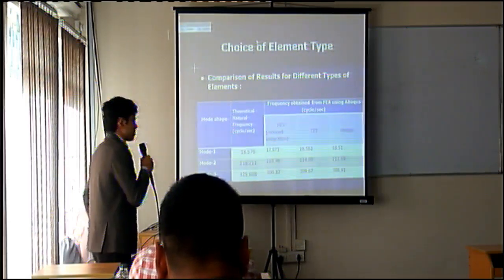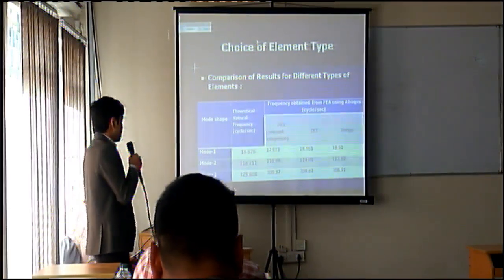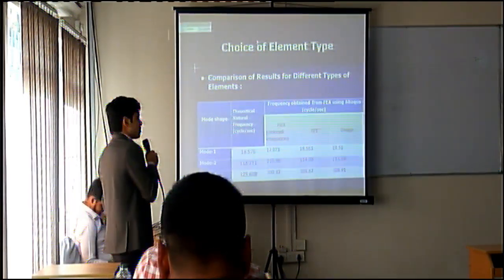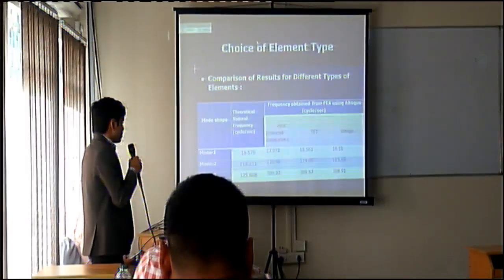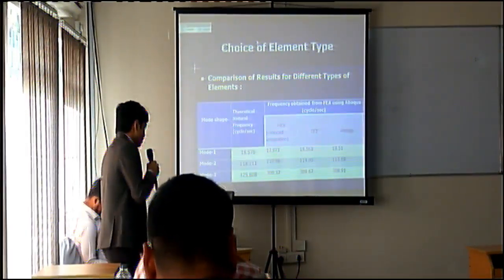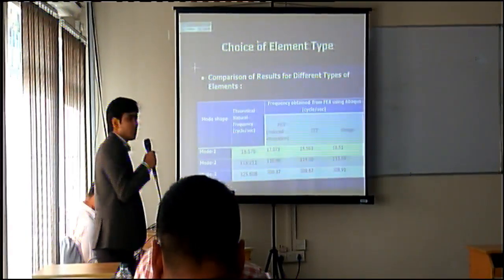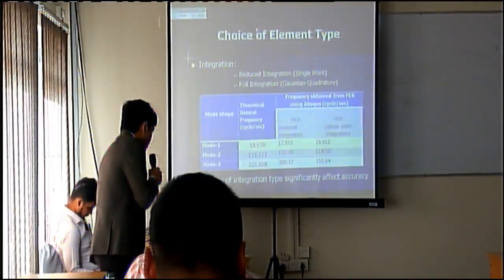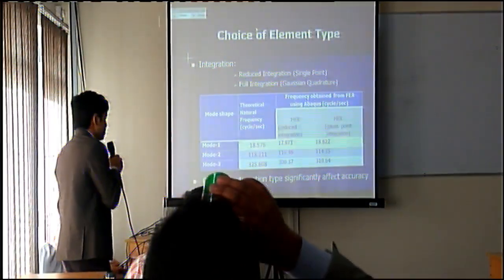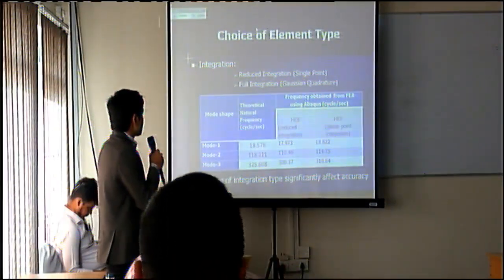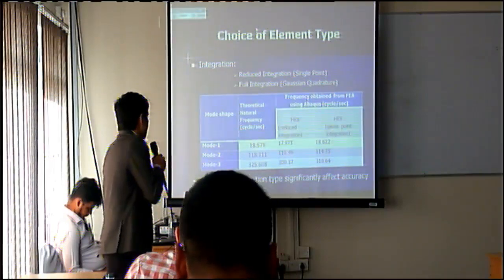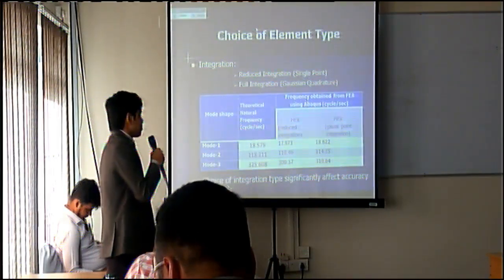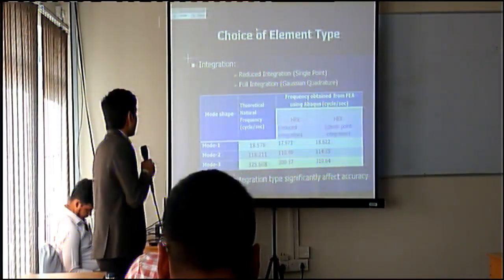And these are the results, what we have found, the theoretical result and the simulation result. It shows that the hexahedral element with reduced integration gives a little bit deviated result. But if we use the full Gauss point integration, then the hexahedral element gives the best fitted result for cantilever beam.